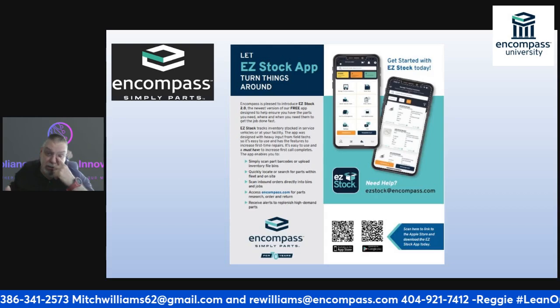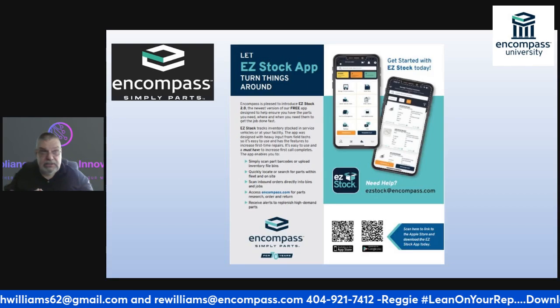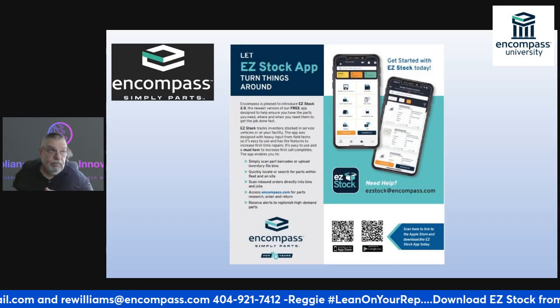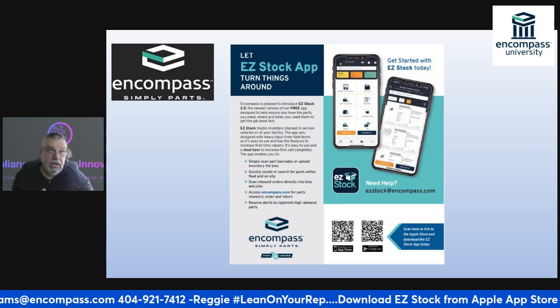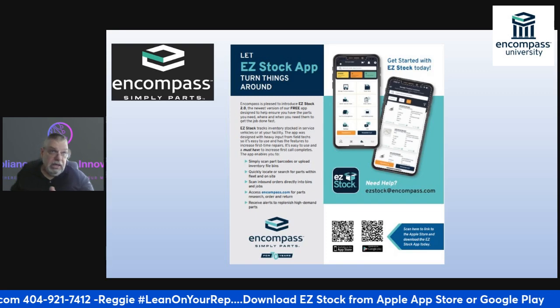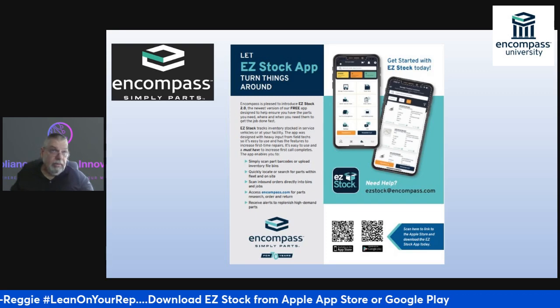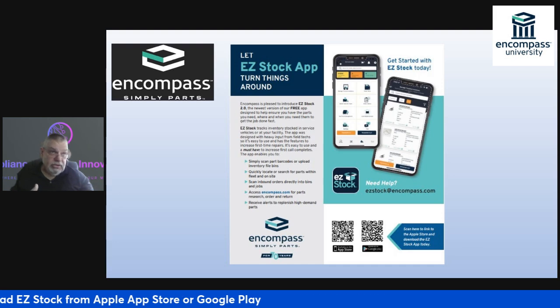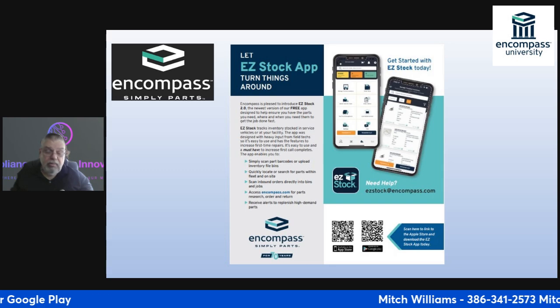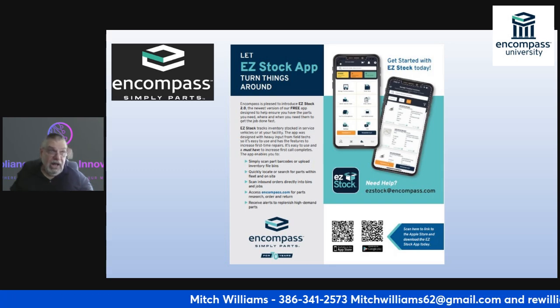One thing about the Easy Stock app is that whenever you download it, you can set it to fulfill any order that you deem. Say I have a top 100 parts list, and I want to make sure that I keep one of each item in stock.